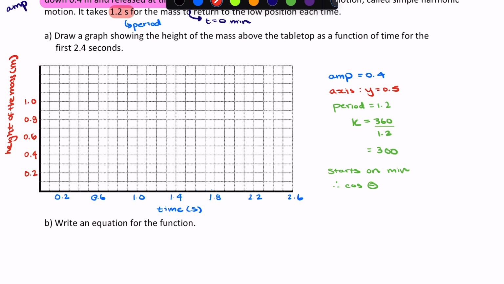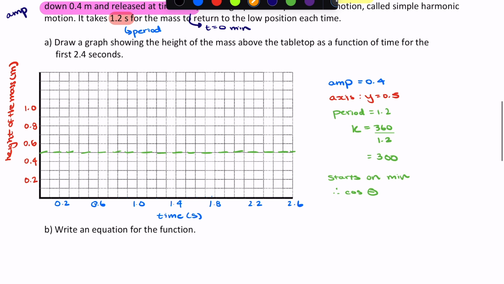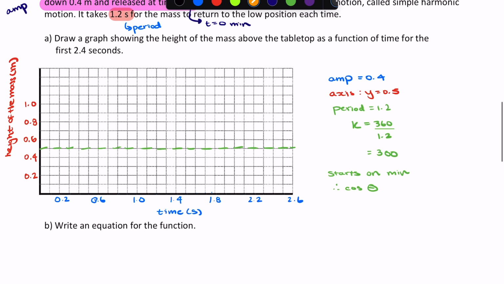So here again, we know that our axis is at 0.5. Our axis is at y equal to 0.5, and it starts at a minimum, and our amplitude is 0.4.